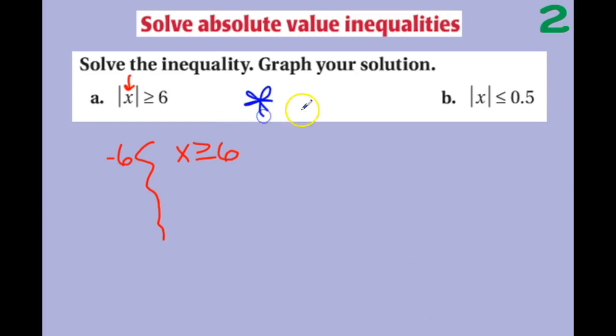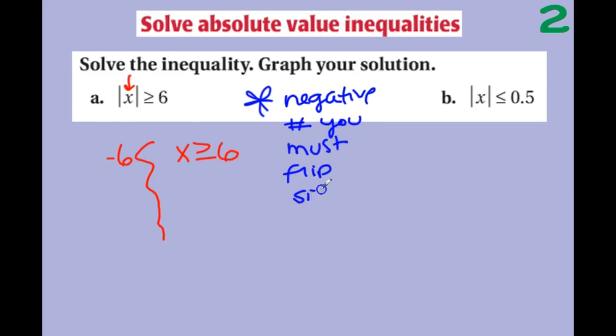But be careful, key note here: if you are setting it equal to a negative number, you must flip the sign, meaning your less than or greater than sign. So right here, if we're going to have the -6, we have to flip our sign the other direction.